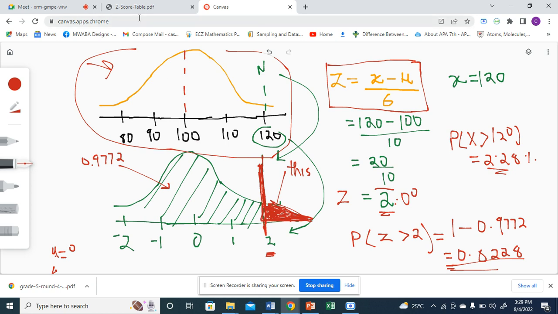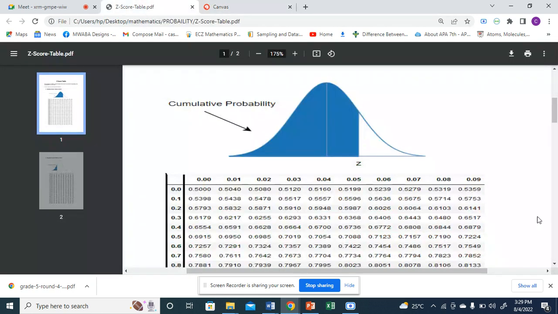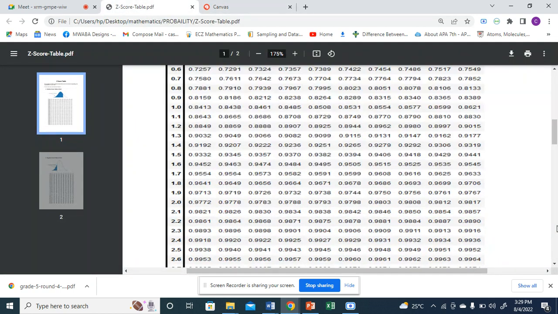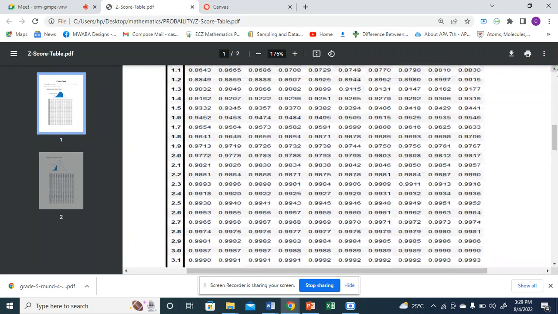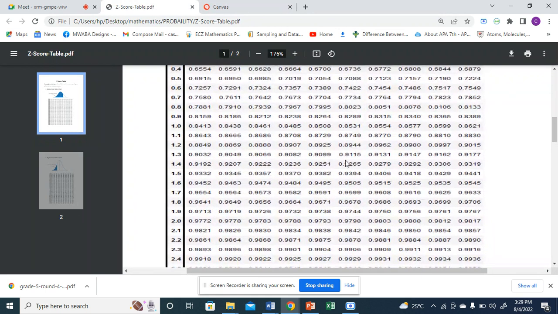On our table, since our z-score is 2, Mrs. Chulu, you come to your tables. You look for the row 2.0, which is here.